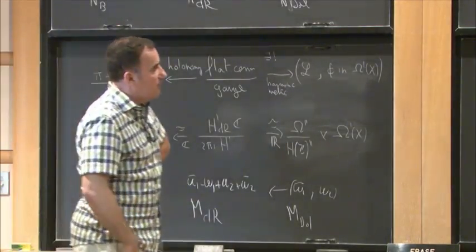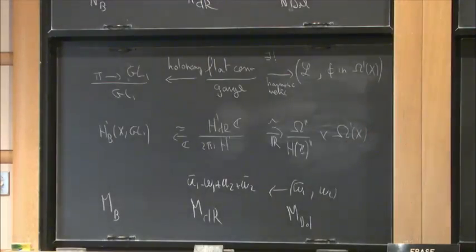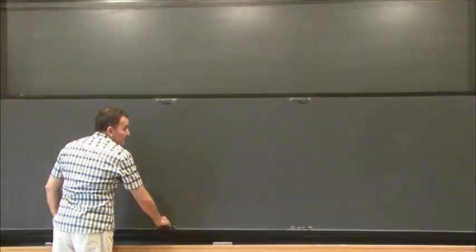Okay, so what's the story in bigger rank? So the story in rank 2 or higher. Now this is where the story actually becomes very interesting, because this picture is completely generalized, but in a highly non-trivial way.